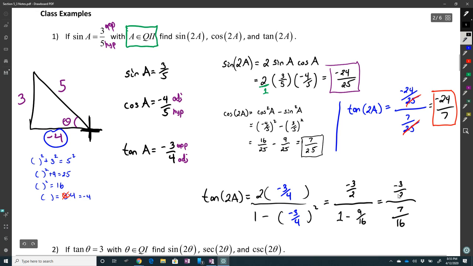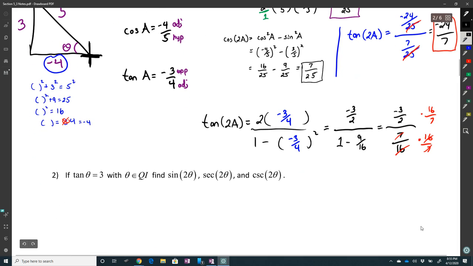Then we can whittle it down: 16/2 is 8, 8 times 3 is negative 24, and you end up with negative 24/7. I did a lot of mental stuff there, but I wanted to show you that both the formula and doing sine over cosine give you the same solution.